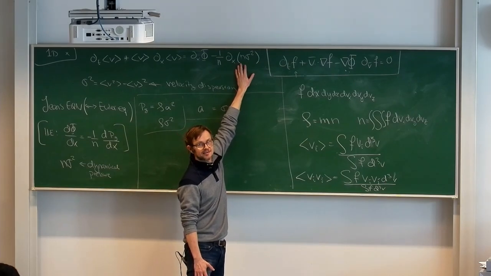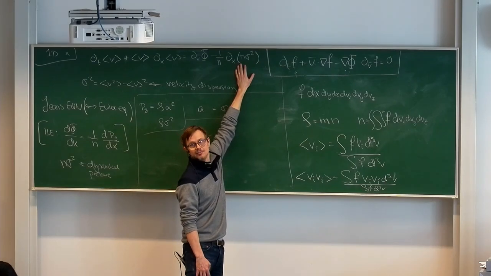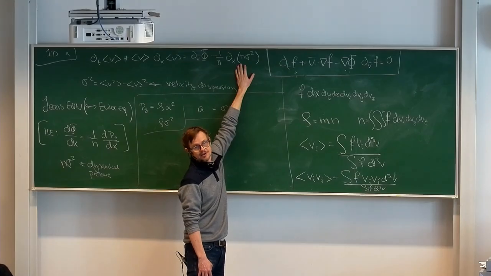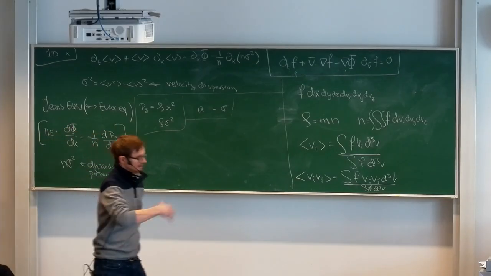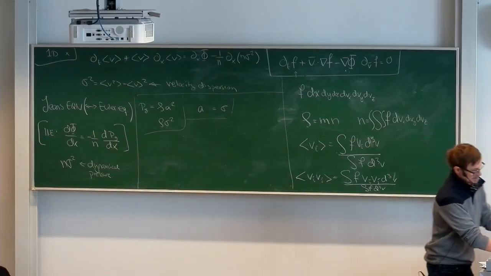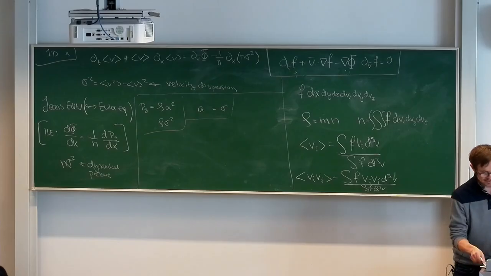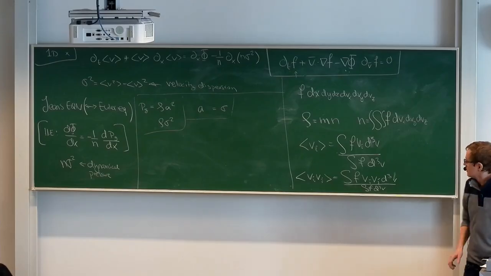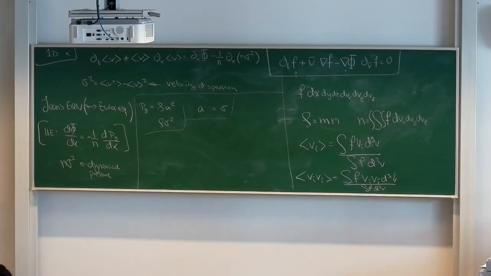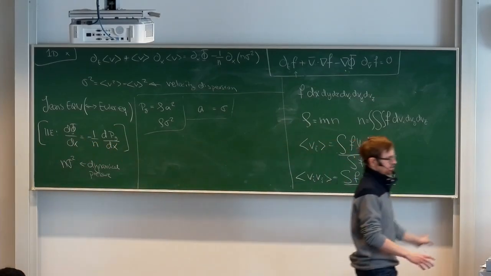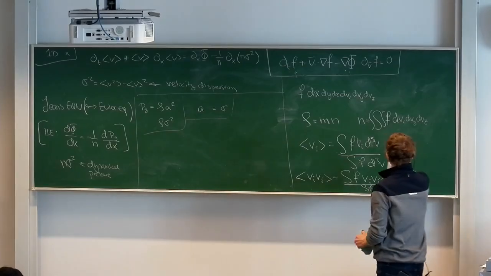So the C in your CDM, cold dark matter, comes from that. All right, that was hopefully a little bit illuminating in terms of how we use this terminology. Now we will move on to some specific systems that we will consider.